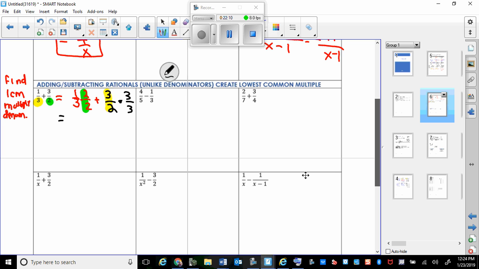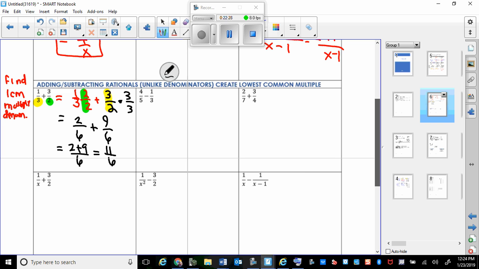This equals 1 times 2 is 2 over 6 plus 3 times 3 is 9 over 6. Put these together, I have 2 plus 9 over 6 equals 11 over 6.